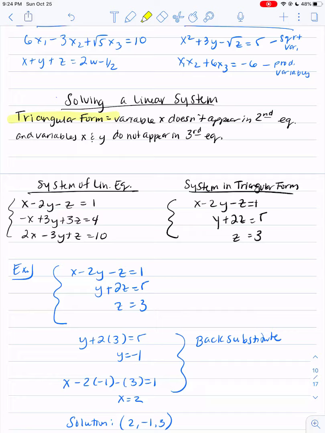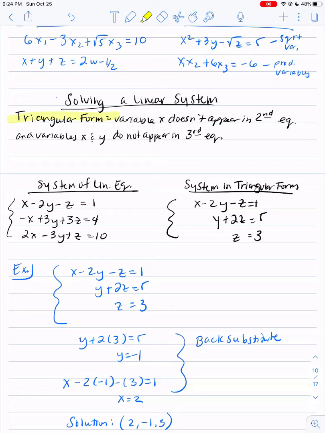In getting to triangular form, when we added equation 1 and equation 2, we were able to cancel the x, but I keep it in the first equation. So I'm going to add equation 1 to equation 2 and get a new equation 2. I get x minus 2y minus z equals 1, and then y plus 2z equals 5. So my variable x doesn't appear in my second equation.